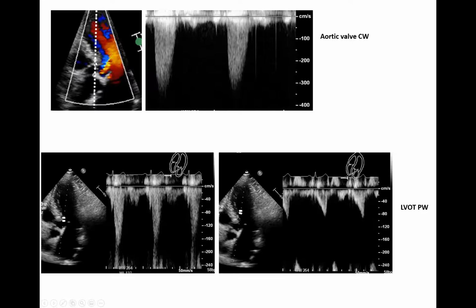So that echo has two caveats. Aortic velocity and gradient was incorrect, and the LVOT velocity was incorrect. A third caveat that you can get is mismeasurement of the LVOT diameter. Underestimating, measuring it as too low compared to what it truly is. Underestimating that LVOT diameter by about 15% on average.